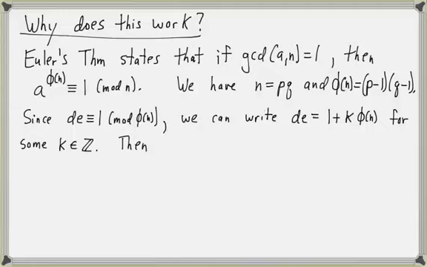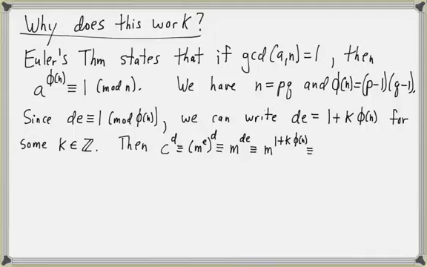Then C to the power D is congruent to M to the power E raised to the power D. This is M to the power D times E. And I previously wrote that as 1 plus K times phi of N, so this is congruent to M to the power 1 plus K times phi of N. And I can rearrange this.